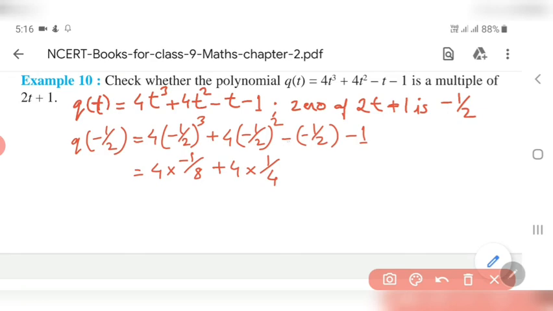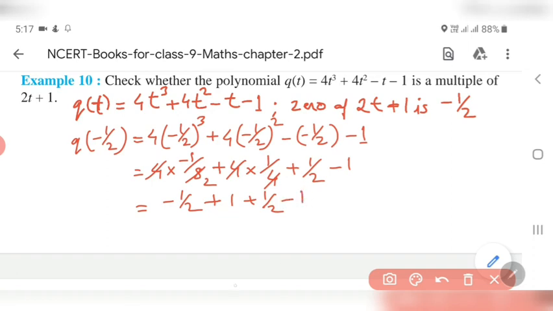And here you see minus minus, that is plus 1/2, minus 1. Now you cut and see. 4 and 4 cancel. Correct? Then 4 1s are 4, 4 2s are 8. So what will we get here? −1/2. Correct? And here plus 1/2 and minus 1.